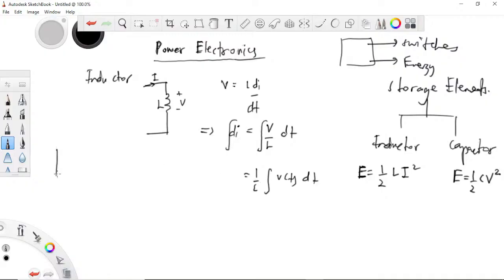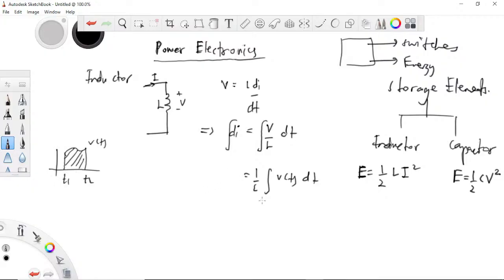But let's say I have a certain voltage function V of t like this. This is a continuous voltage function in the time domain. If I want to find the area under this, it's just me integrating it between two times.